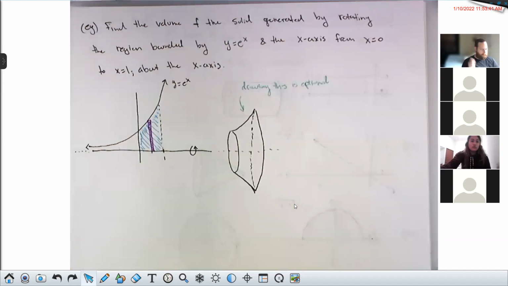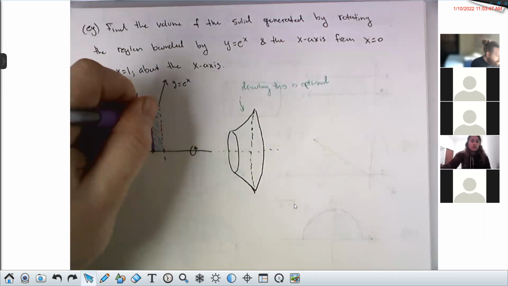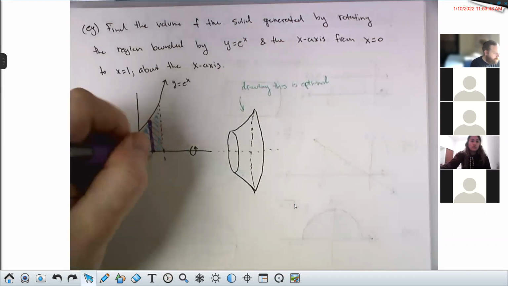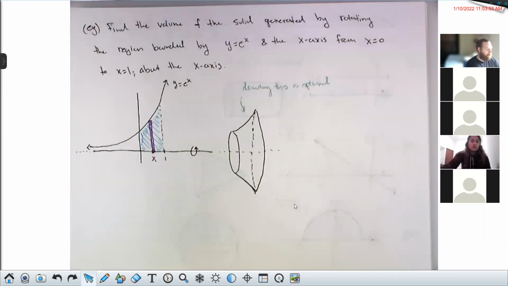Everything else is necessary. It will always be understood that this strip is at an arbitrary x value within your region, and the strip is always perpendicular to the axis of rotation.